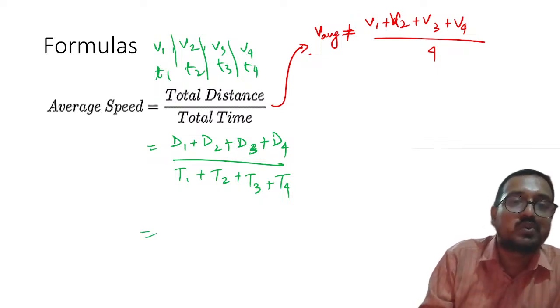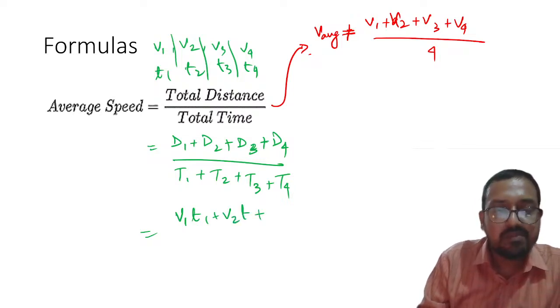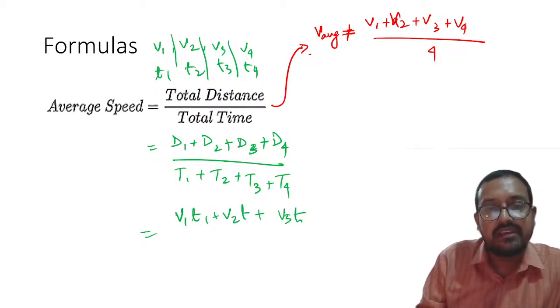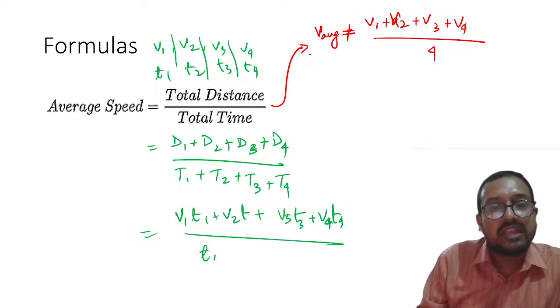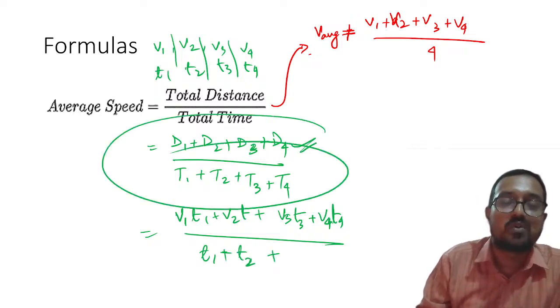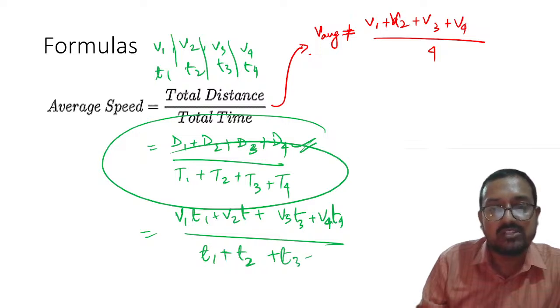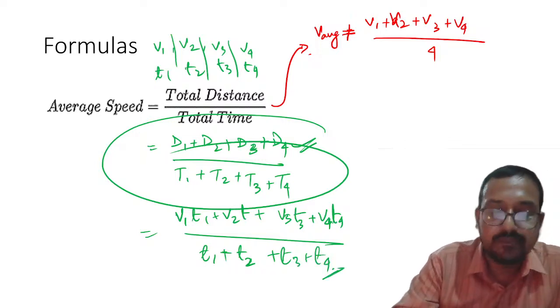In that case, distance is nothing but velocity into time. So V1 T1 plus V2 T2 plus V3 T3, right, plus V4 T4, right? So please try to get other things from one thing, right? But always follow this formula. You will never ever go wrong. Understood? Is it clear? Okay.